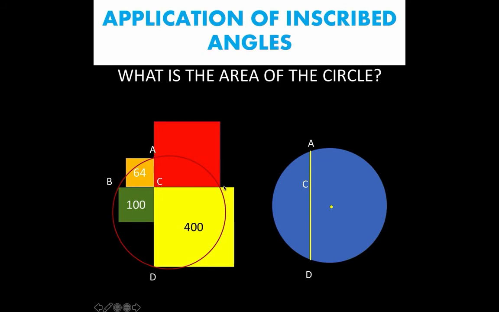Since the yellow square is 400 square units, then we'll be able to find what is the length of the side of this yellow square. The length of the side is the square root of 400, which is 20. Similarly, since the area of this orange square is 64, then we'll be able to know what is the length of the side. The length of the side is the square root of 64, which is 8.